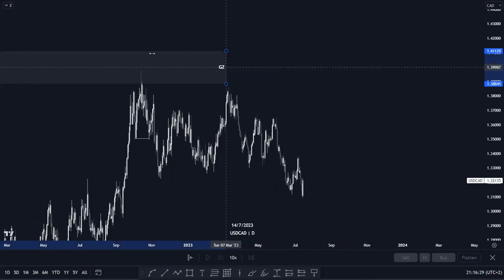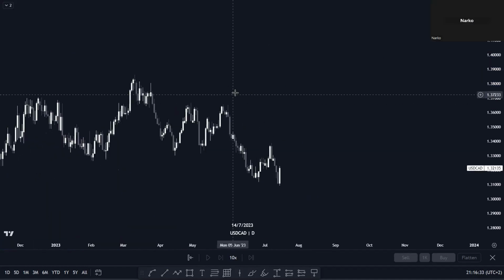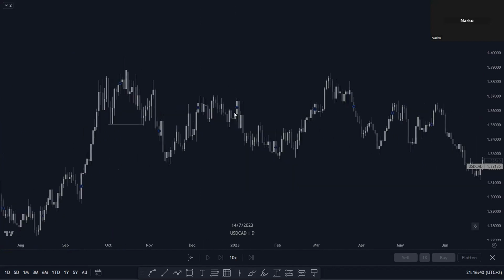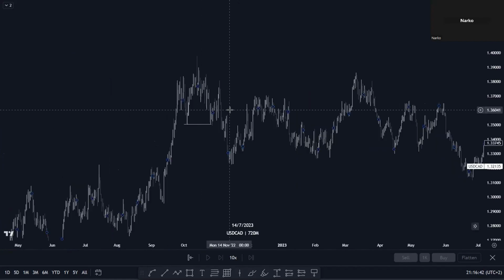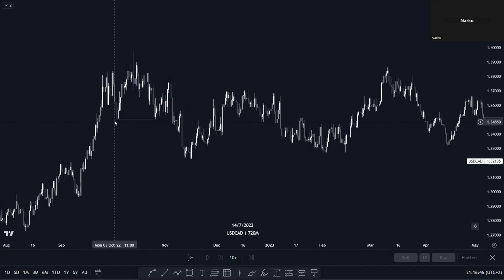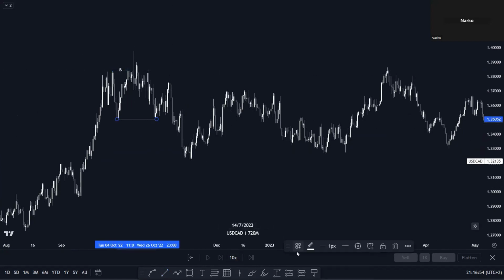Let me just move this to our left hand side. So as you can see here, price created a break of structure and our change of character here.